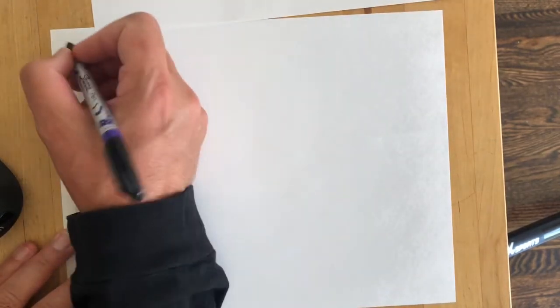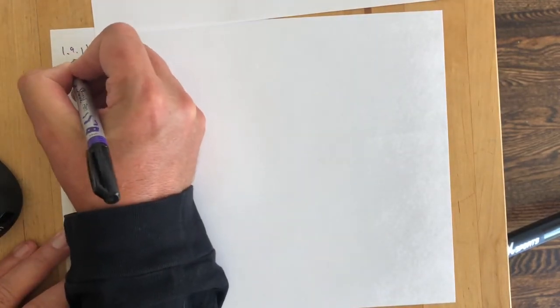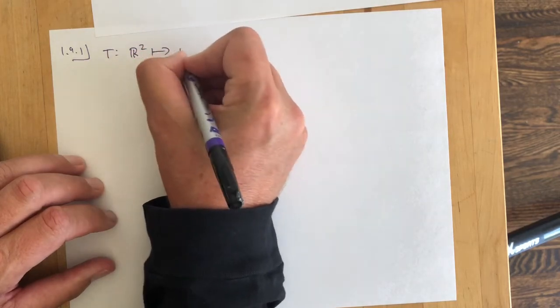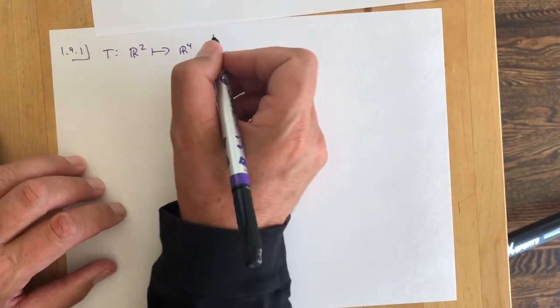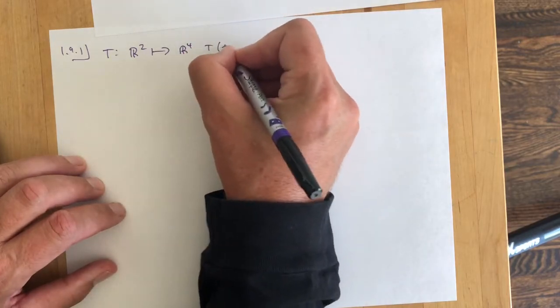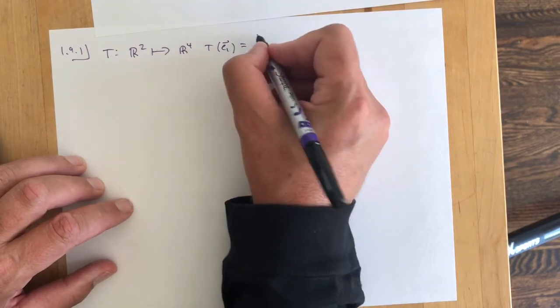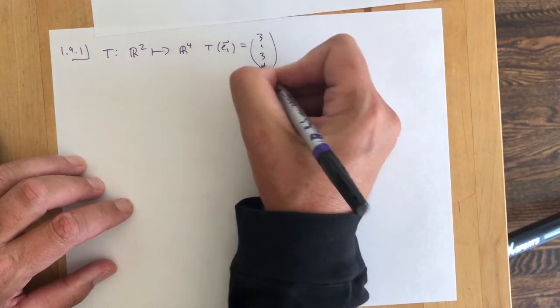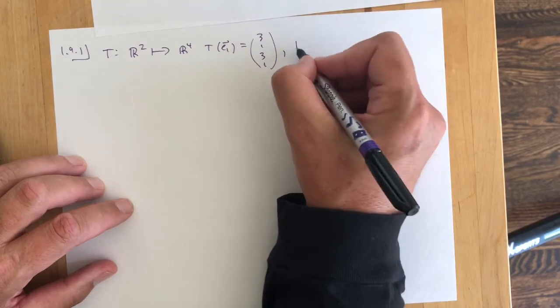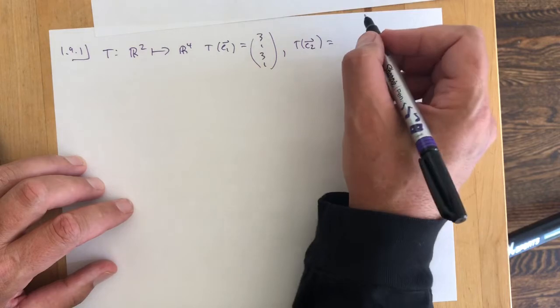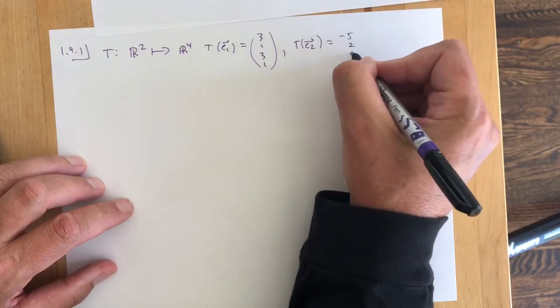Okay, so this is section 1.9, problem 1, which says T is a mapping from R2 to R4, and T acts on E1 and gives you the vector 3, 1, 3, 1, and it acts on E2 and gives you the vector -5, 2, 0, 0.